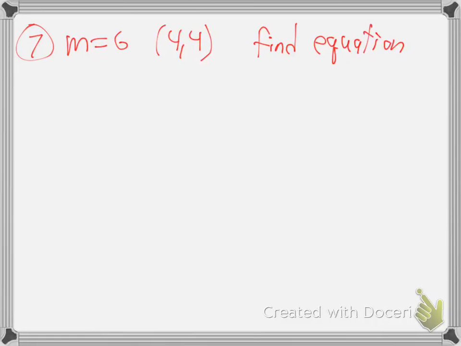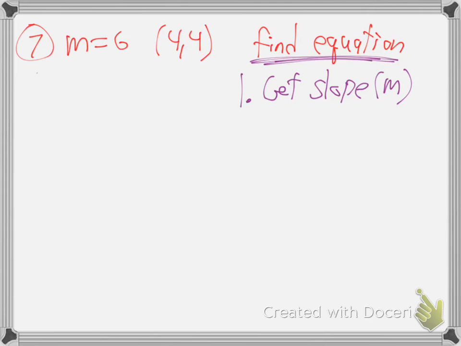Here it is. Let me give you a game plan for finding the equation. Whenever it says find the equation, step 1 is get the slope, which is m. Right now, they're just handing it to me. In a little bit, it'll be more work.